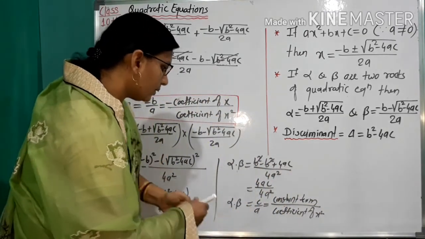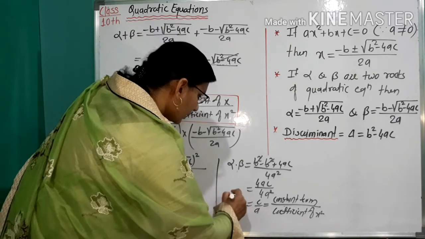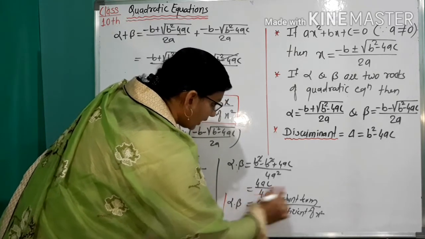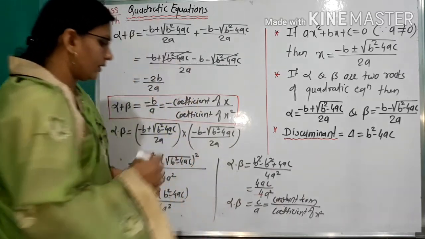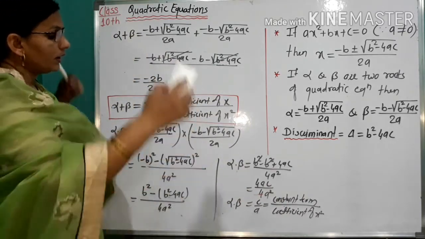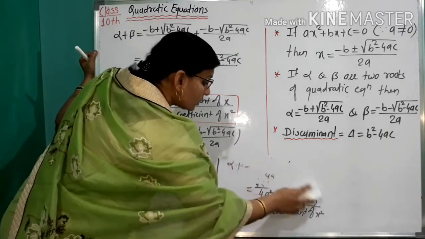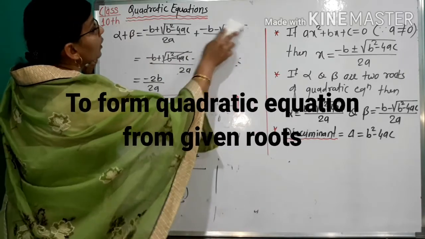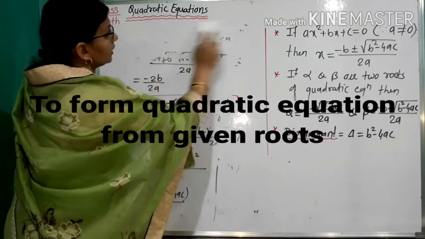This is the relation for alpha into beta, and here alpha plus beta.